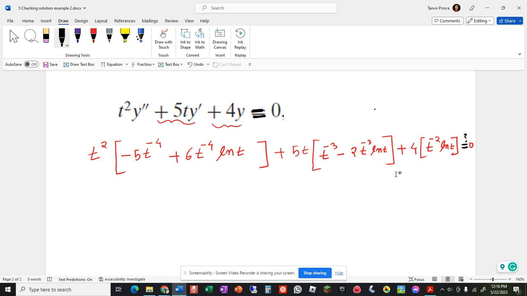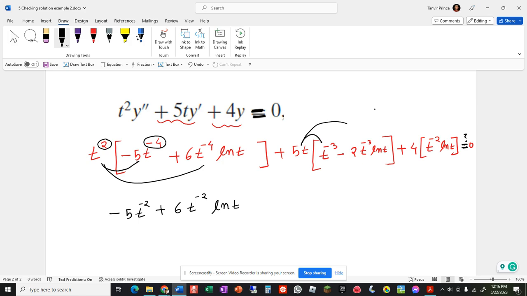Let's check it. So of course I have to multiply out. That's negative 5 t to the power negative 2, right? So you add the exponents, negative 4 plus 2. So that's negative 2, plus 6 t to the power negative 2 ln t. Continue multiplying out here, plus 5 t to the power negative 2.